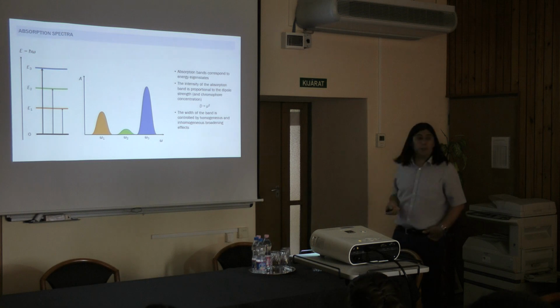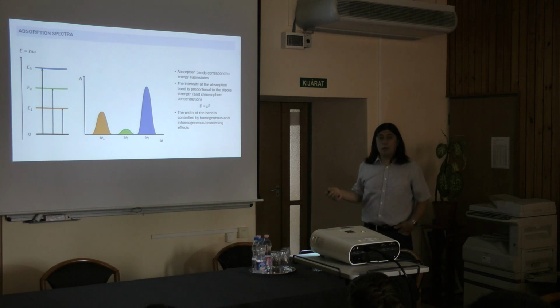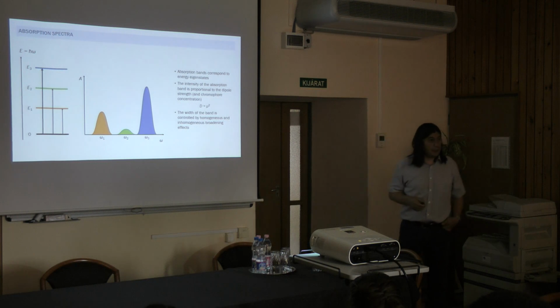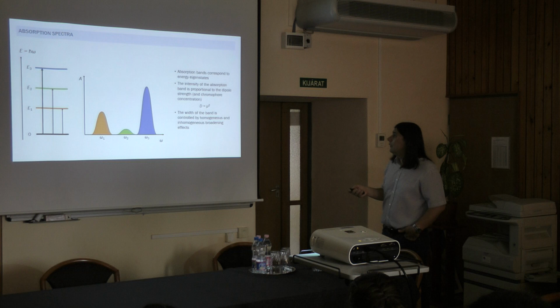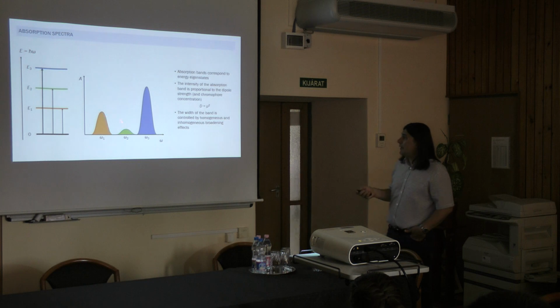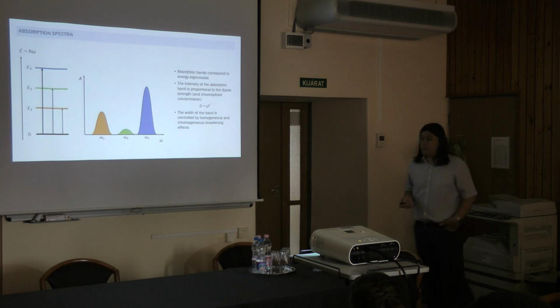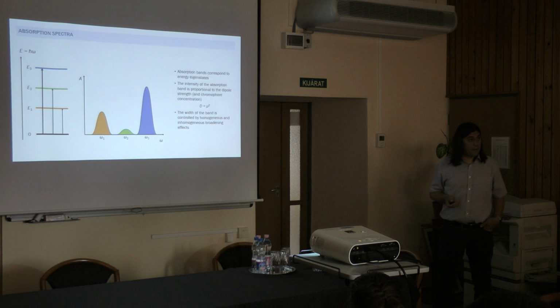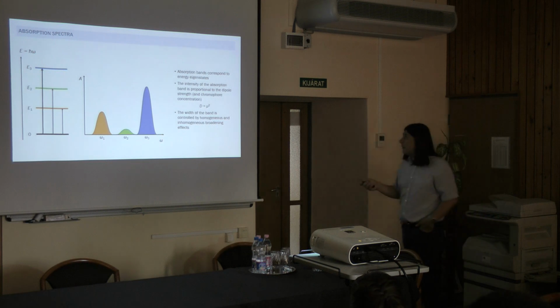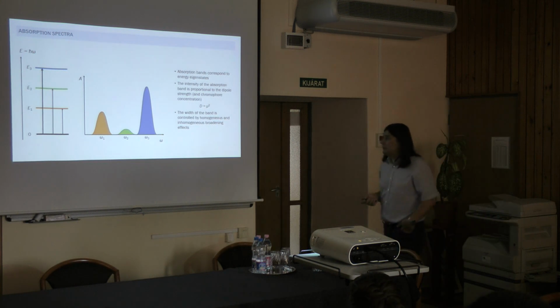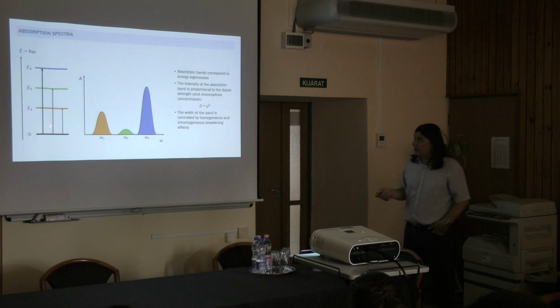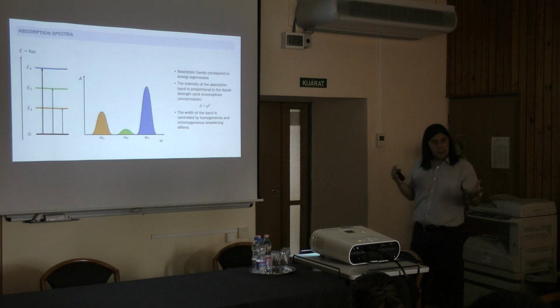Absorption is the negative logarithm of the outgoing intensity of light divided by the incoming intensity of light, right? So the height of the peak is proportional to the dipole strength, which is the square of the dipole moment. So it tells us about the change in charges.